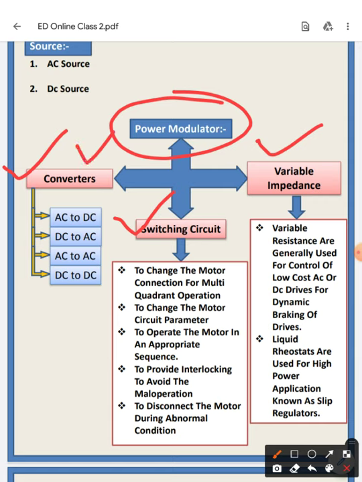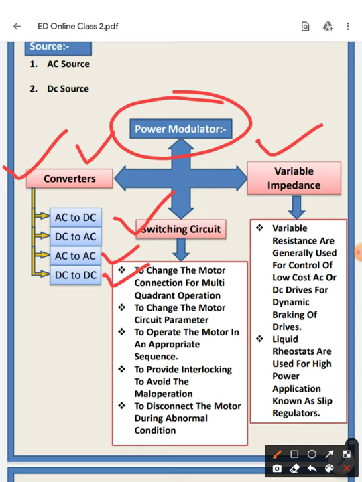Converters are generally connected to convert a certain input, whether DC or AC, into other values of DC or AC by using an AC to AC converter or DC to DC converter. And next, they convert a certain AC or DC into variable or constant AC or DC voltages by using an AC to DC converter or DC to AC converter.